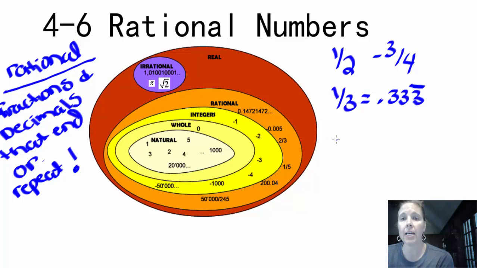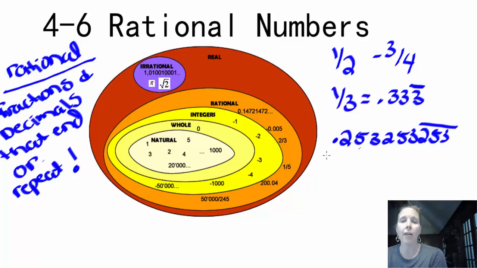If it repeated 0.253253253, yes, that is rational. Okay, it has to repeat a pattern. Just because it throws in 0.252678, just because there's two twos there, it has to repeat the pattern over and over and over again.